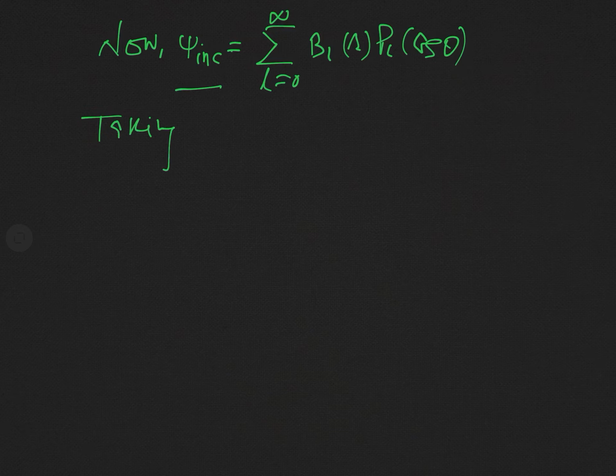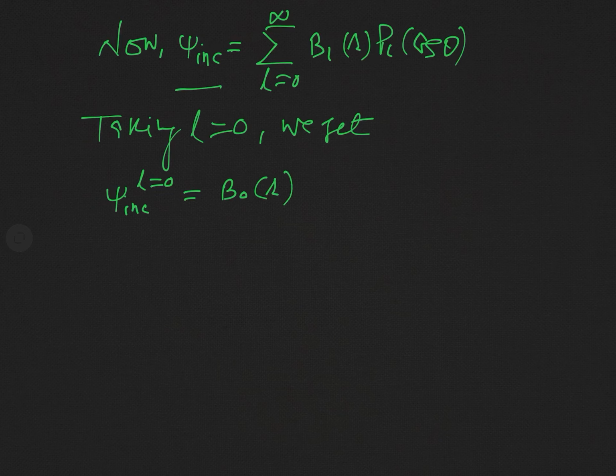Taking L equal to 0, we get that this psi inc, the first component of these waves, will be B0 of R and P0 of cos theta.